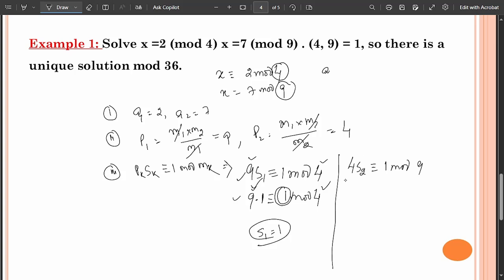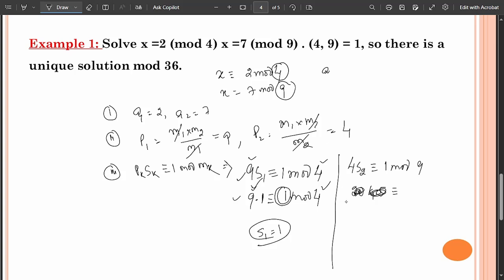Now 4 s2 is congruent to 1 modulo 9. If we multiply 4 by 5, that is 20, and 20 divided by 9 leaves remainder 2.